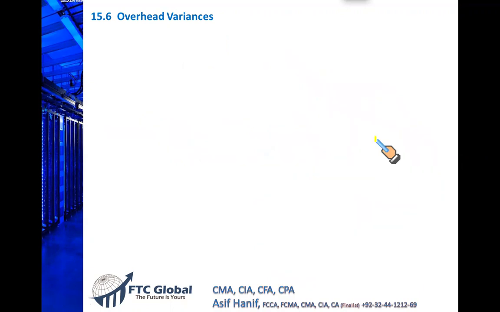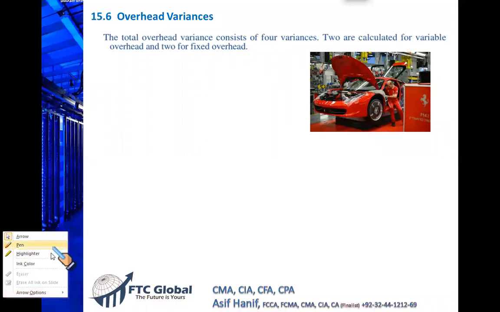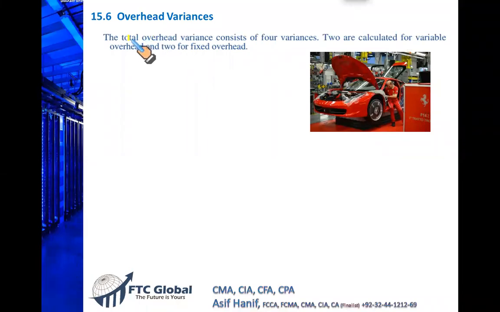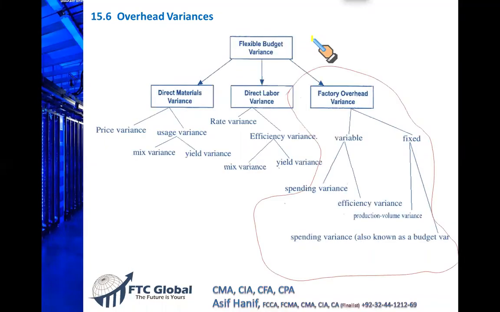So here we have them. As you can see, total overhead variances can be split into four variances. We just saw that. These are the four variances we're talking about: spending variance for variable, efficiency variance for variable, and then production volume variance for fixed, and spending variance for fixed.